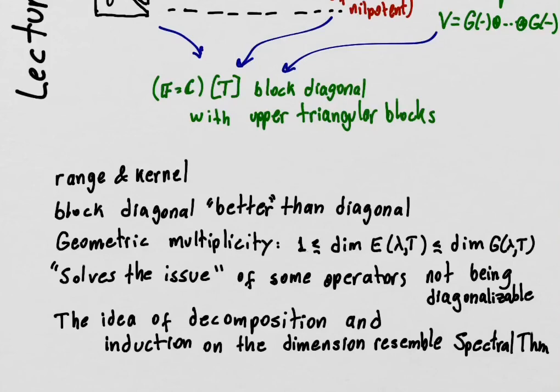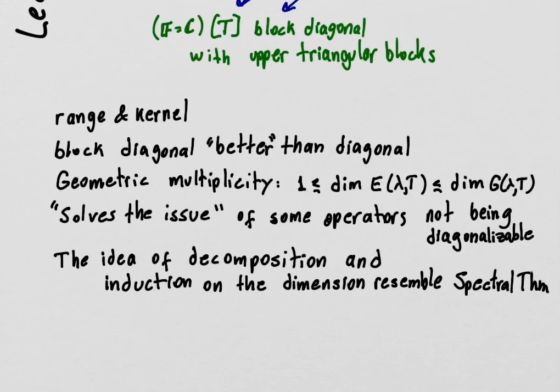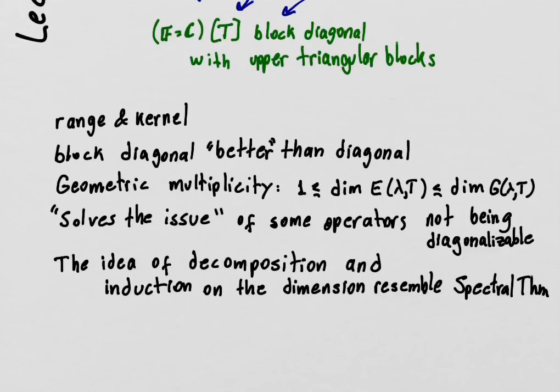Other students pointed out, and I found it very interesting, that the idea of this decomposition, and proving it using induction on the dimension, resembled a lot the proof we made for the spectral theorem.